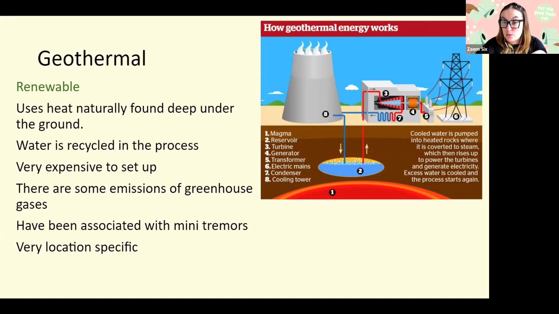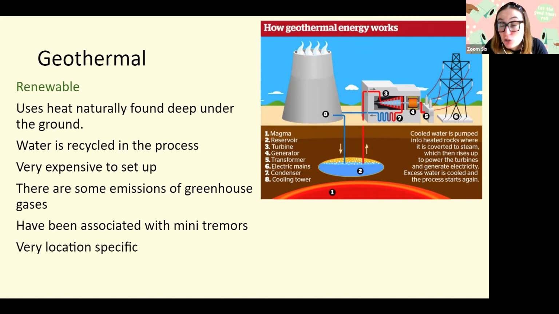And you basically drill down and you put some water in between the rock and you wobble it a bit, release the gas, and then you collect it. And it creates mini earthquakes in some cases. And that's kind of what geothermal does as well. So there have been some issues with mini earthquakes happening around geothermal plants.